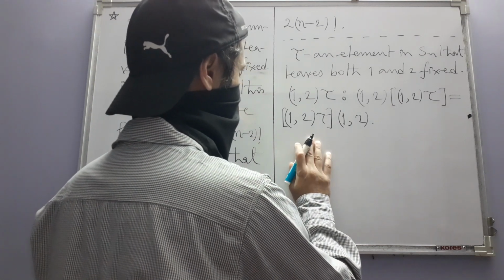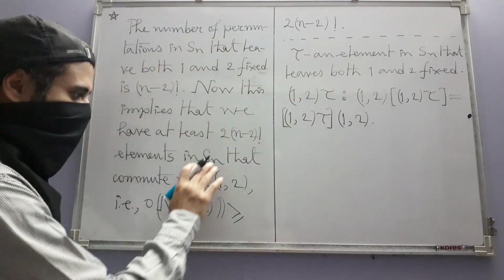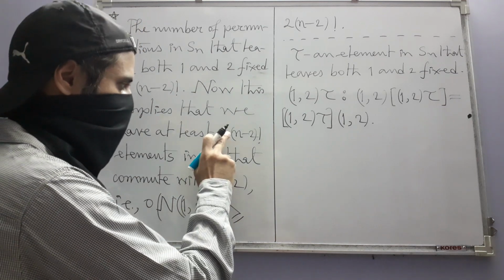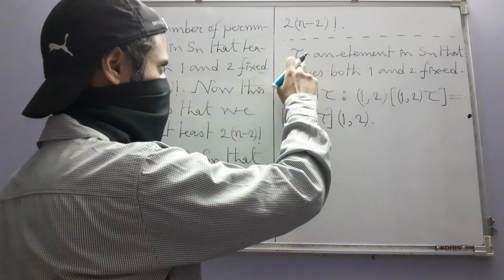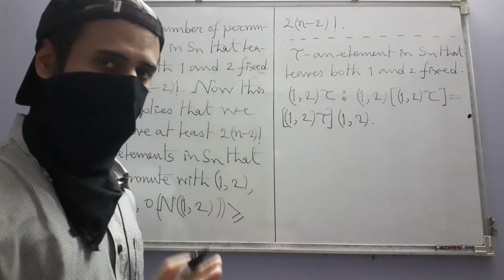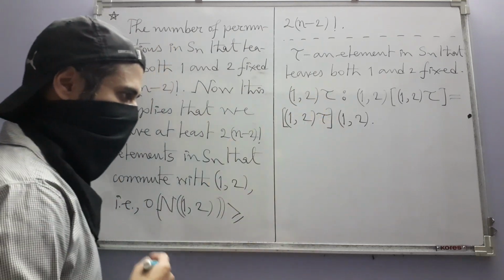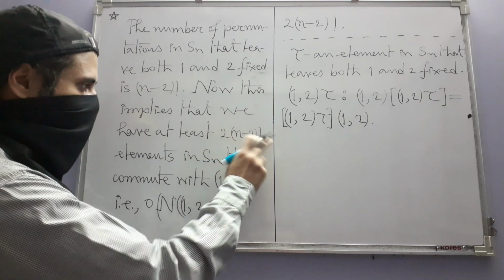And so the total number of elements that we have here is actually twice this number. Only the taus give us one class of such permutations, but (1 2) times tau gives us another class. So the total number is twice this.